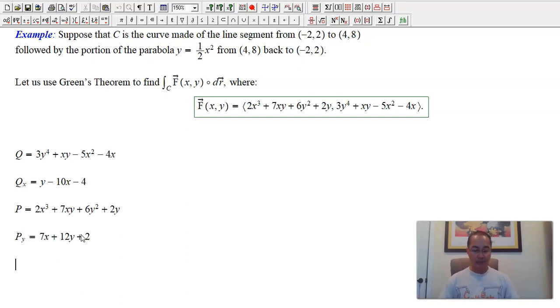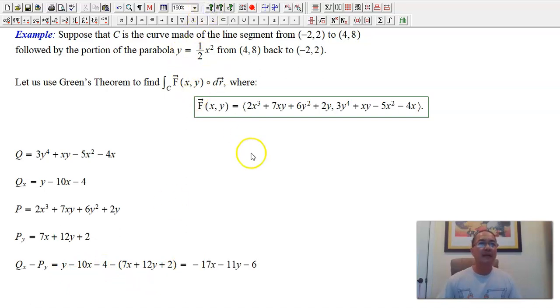So we want qx minus py. Let's take qx over here, and we will subtract py. And don't forget to put parentheses, or that will mess you up. Qx minus py: you'll get minus 17x, minus 11y, and then minus 6. Is that right? Yeah, I got it right for a change. Excellent. So that is what we are going to double integrate over the domain.